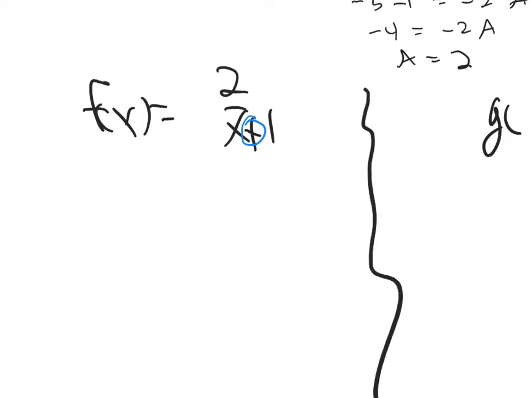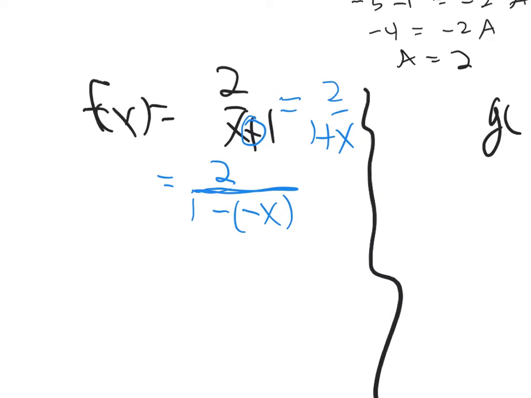I needed to rewrite this as 2 over 1 plus x, and now rewrite it as 2 over 1 minus minus x. Oh, I feel better. I knew something was wrong a minute ago. That power series is the summation n goes from 0 to infinity. My first term is 2. My r is negative x, to the n.